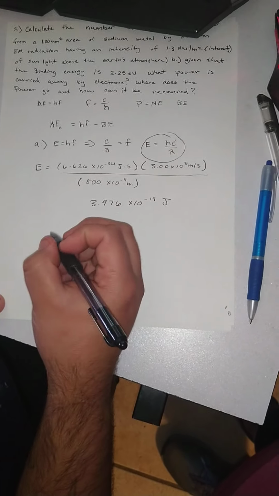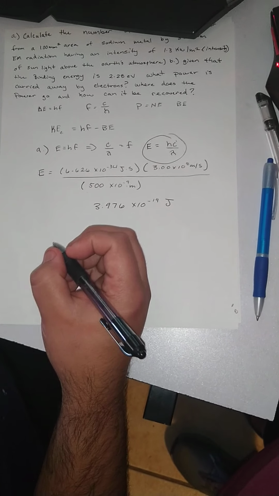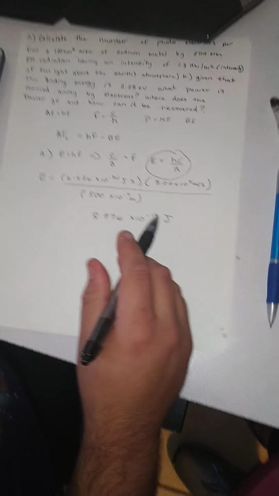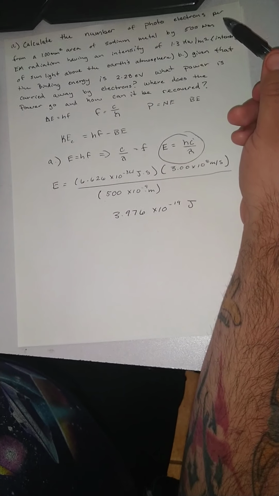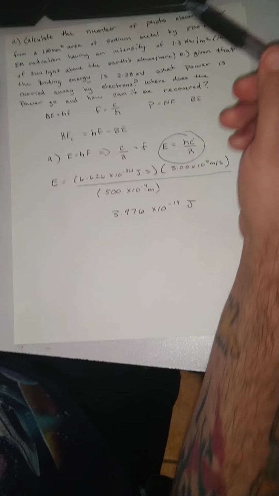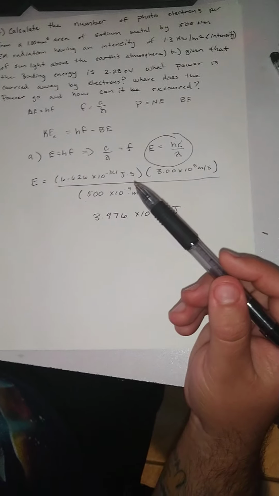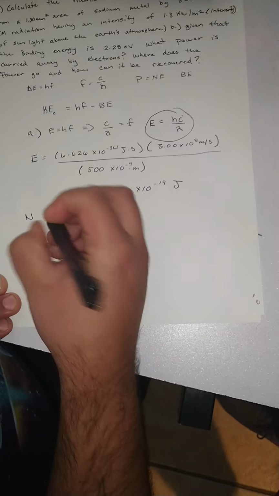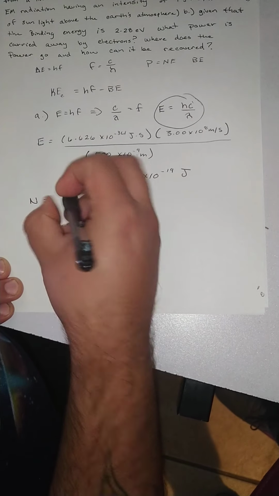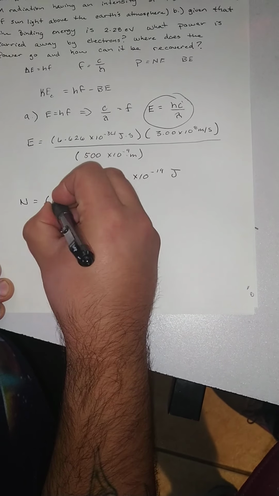So now we're going to solve for more information, because it was asking to calculate the total number of photoelectrons. So we're going to need to solve for n also. We can plug in some information that we had.